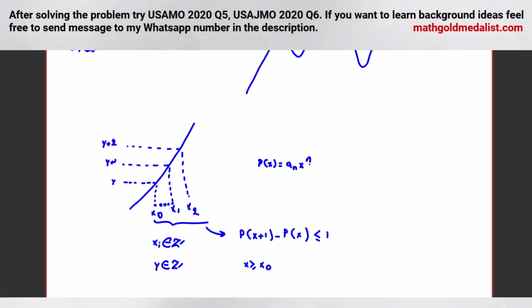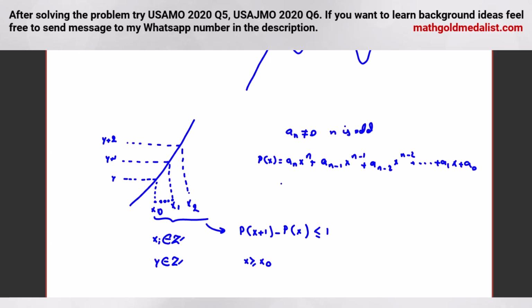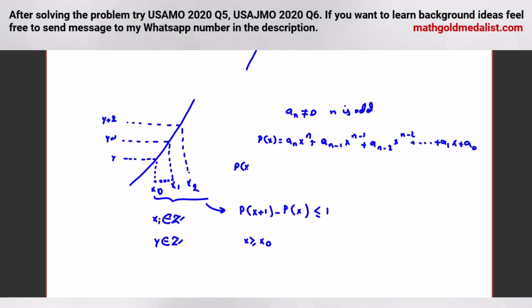Let's write an x^n plus an minus 1 x^(n-1), an minus 2 x^(n-2), a1 x, a0, right? And we know an is not 0, right? And n is odd, right? Let's calculate p of x plus 1 minus p of x, okay?